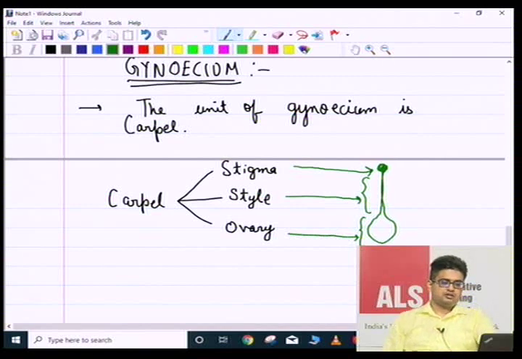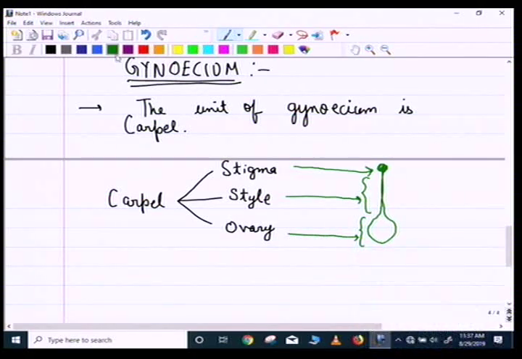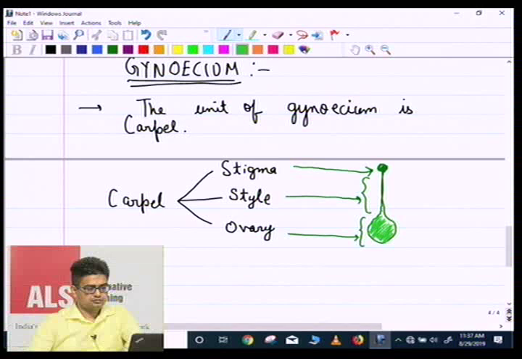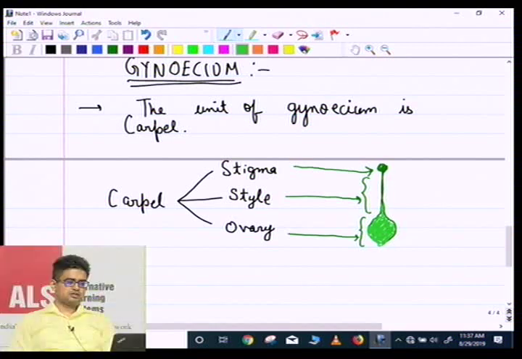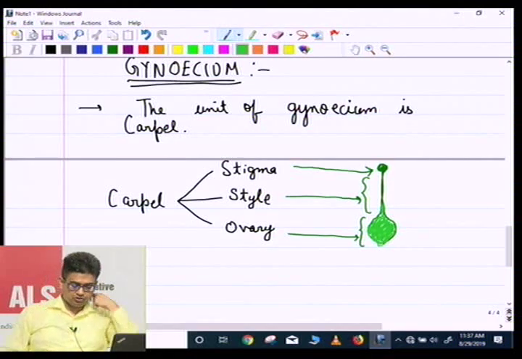So stigma, style, and ovary. Okay, so now moving on.